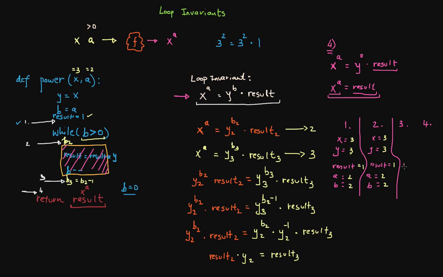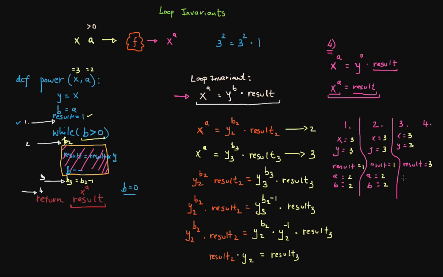And I can see that result at this point is equal to result times y. Y is 3, result earlier was 1, 3 times 1 is 3, so my result is equal to 3. My x and y haven't changed, meaning they are still the values that I had previously, which is 3 and 3.